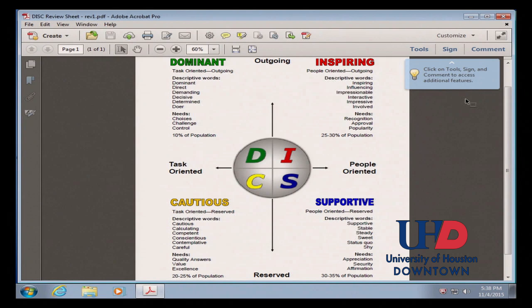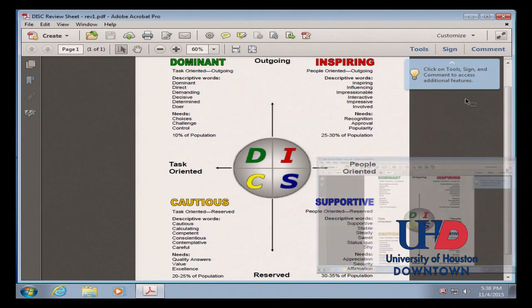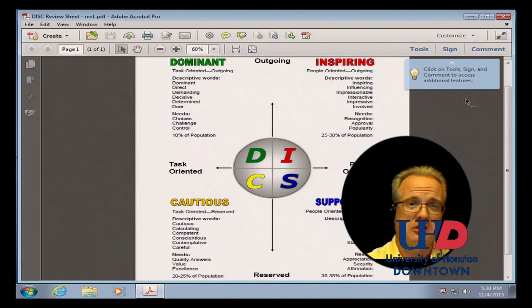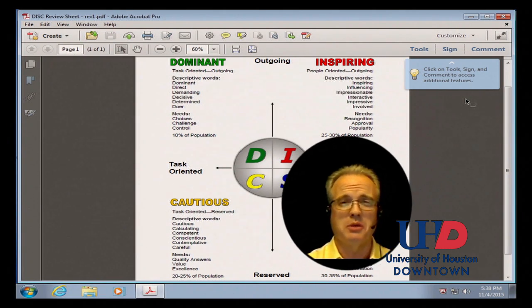The lower half is reserved, or slower paced. And the key there is faster and slower, not fast and slow. So we're not making absolute judgments, we're making comparative evaluations. Slower pace means wanting a little more information prior to making a decision, probably a little slower to engage, especially in new situations or with new people, that kind of thing.